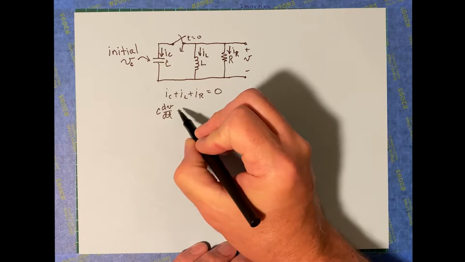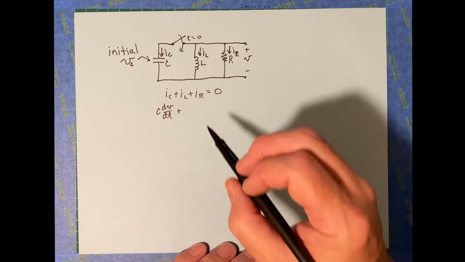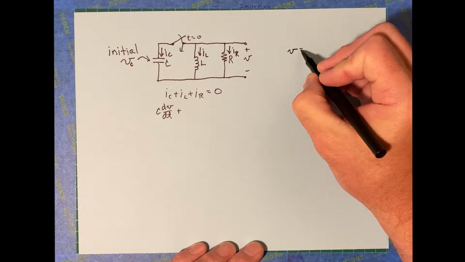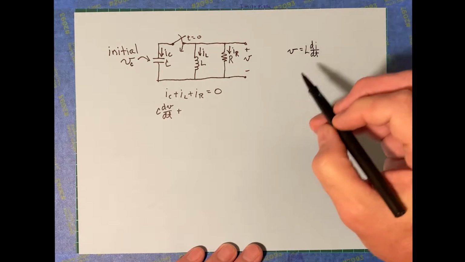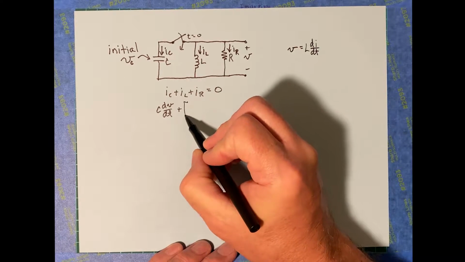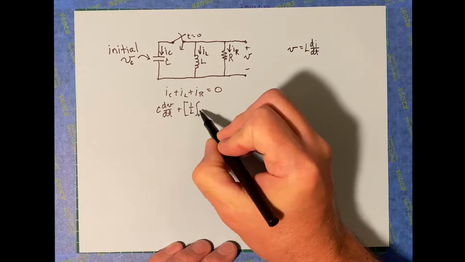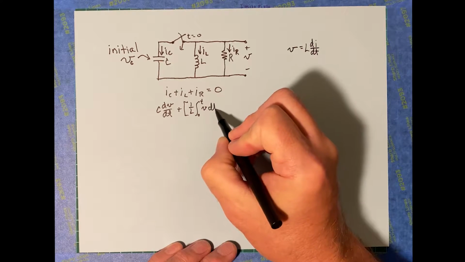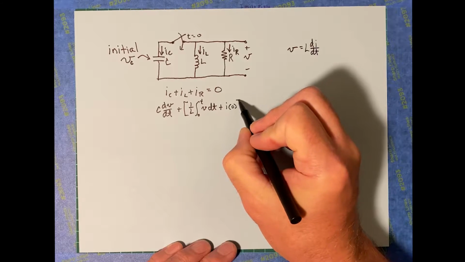Plus, now the relationship between V and I for an inductor, you know that one: V equals L di/dt. But we need to write this in terms of I, so we need to solve for I out of that. And you've seen this before: 1 over L, integral from 0 to some time t later of V dt, plus I at 0.